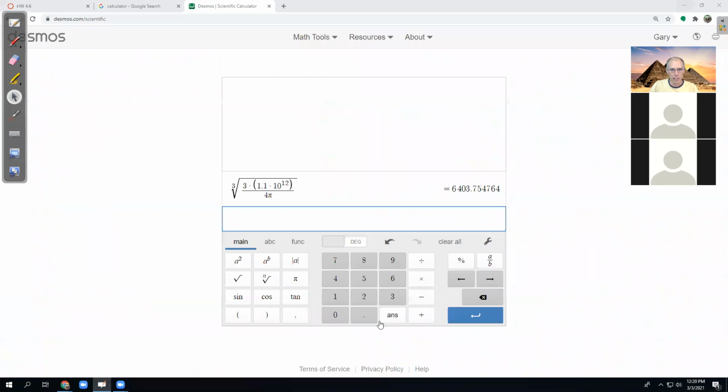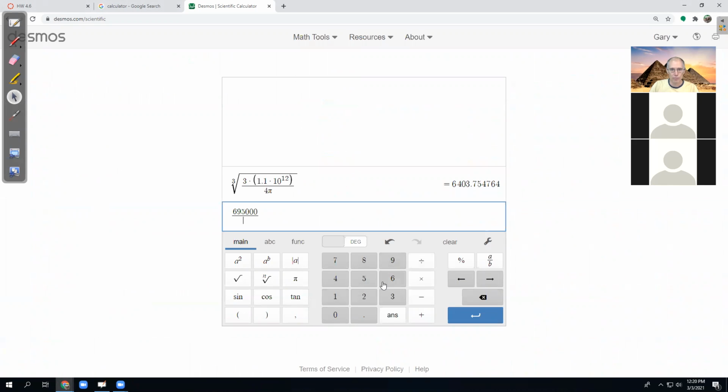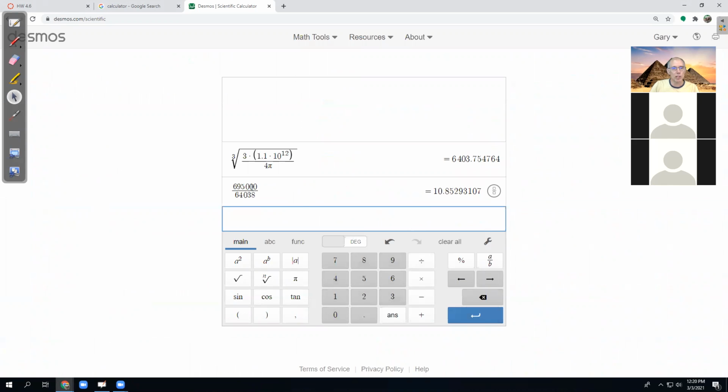So calculator time. And I'm getting it's almost 11 times bigger if I type my numbers right. And I didn't. I missed a decimal point. There we go. 100 times. Okay. I was going to say I got 108.53.